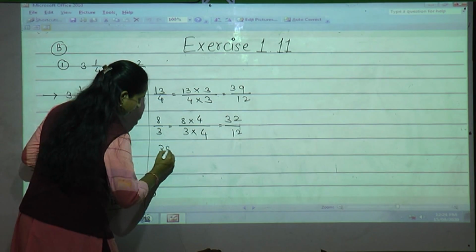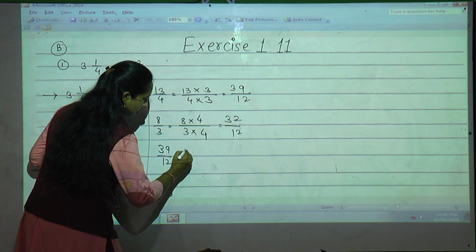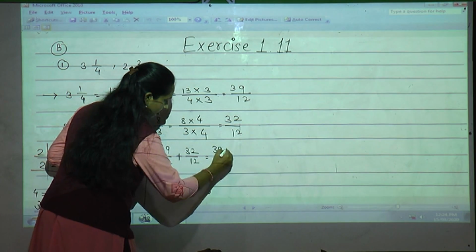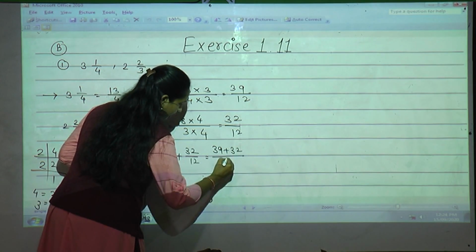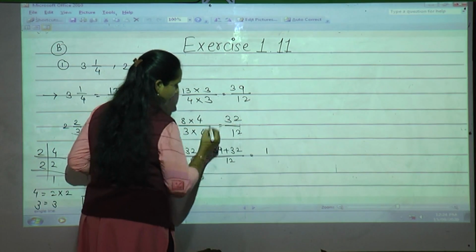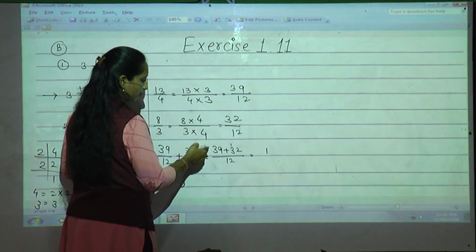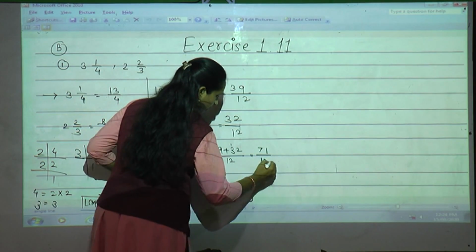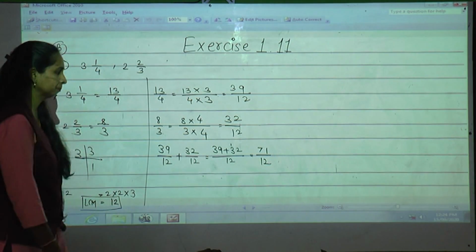So take both the number 39 upon 12 plus 32 upon 12. Now add numerators. Remains denominator same. Now 9 plus 2 is 11, carry 1, 3 plus 1 is 4, 3 plus 3 is 6 plus 1 is 7 upon 12. Now we need to divide.